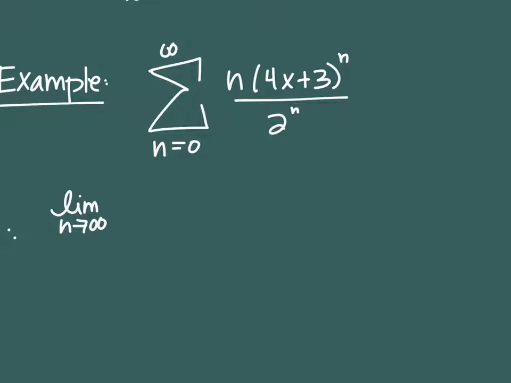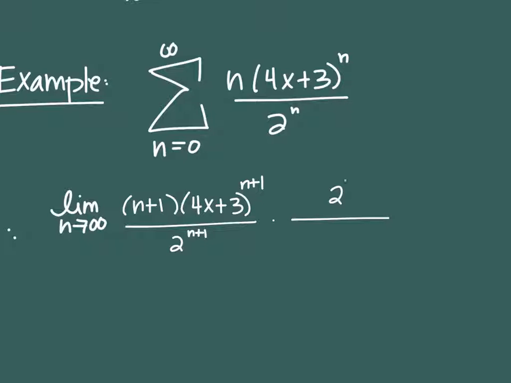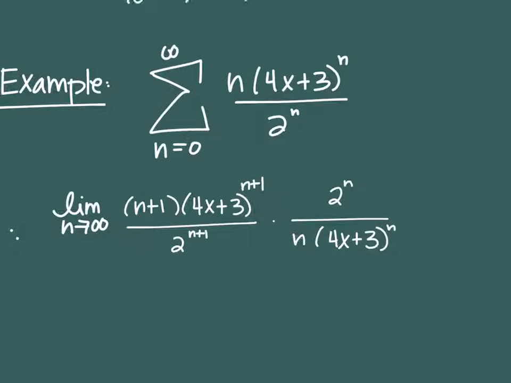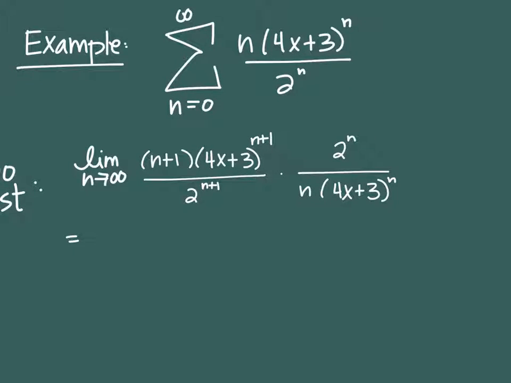All right, so the limit, so we will have n plus 1 times the quantity 4x plus 3 to the n plus 1 over 2 to the n plus 1, and then multiplied by 2 to the n over regular n, 4x plus 3 to the n. So once again, we're going to reduce things that have the common bases. What doesn't reduce is the n plus 1 and the n.